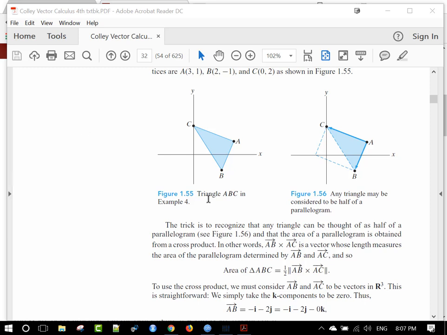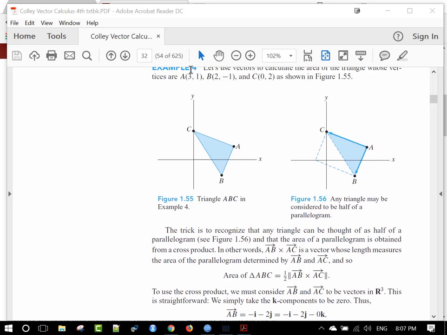If we want to take an example, we had the example of these points here. We need to figure out what AB is. That's the displacement vector from A to B. First we have to recognize that these vectors are in the plane, so technically we can't use the cross product.